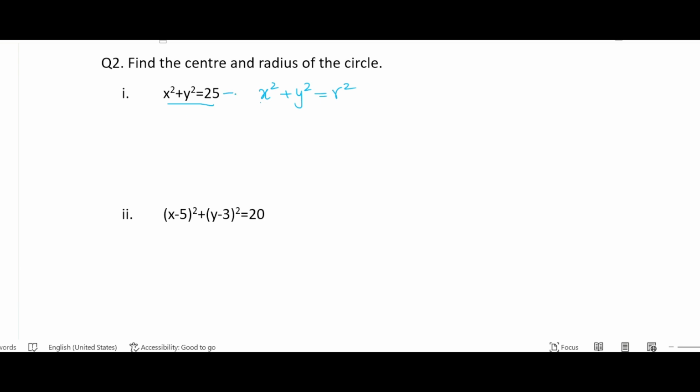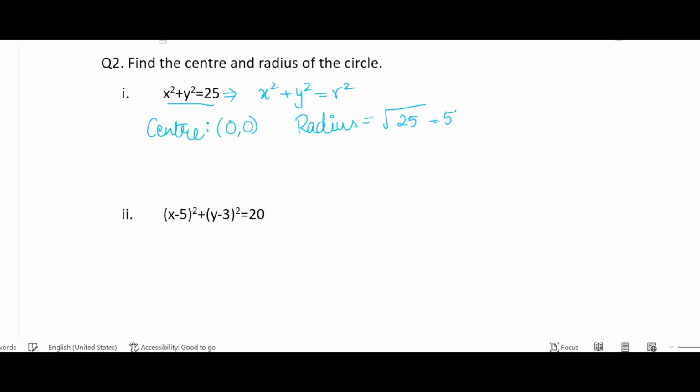This looks exactly like that. So comparing it over here, you understand that the center is 0, 0 and your radius is equal to under root 25, which is equal to 5.